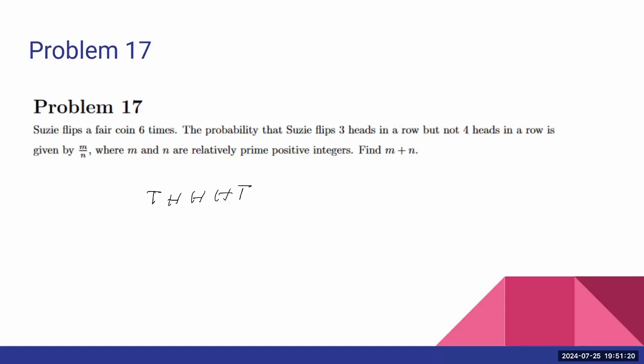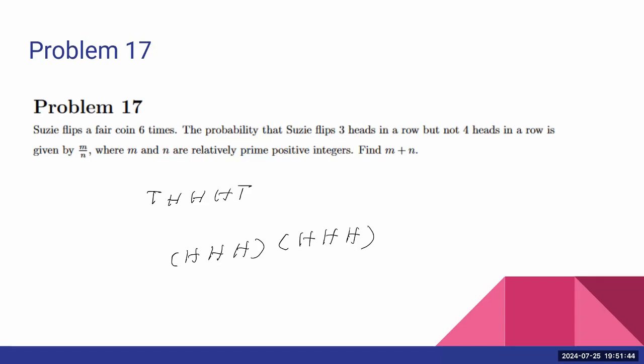Also, we never double count, because think about this. If we double counted, we would have to have 3 heads in a row here and then 3 heads in a row here. That's the only way for us to double count, because if we had 3 heads in a row anywhere else, then there wouldn't be a place to put another 3 heads in a row.